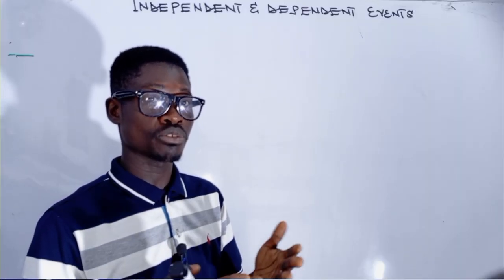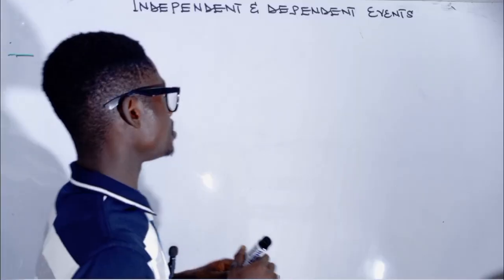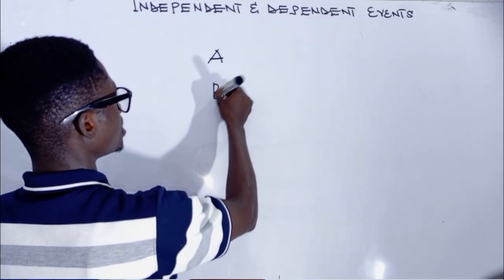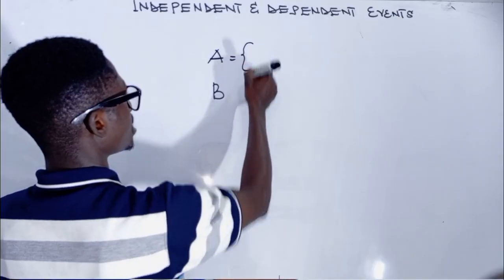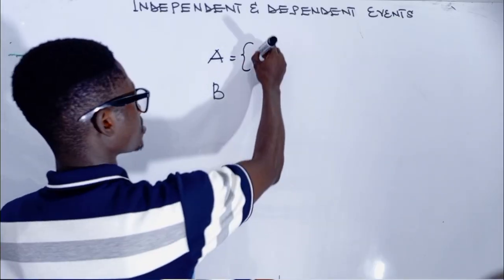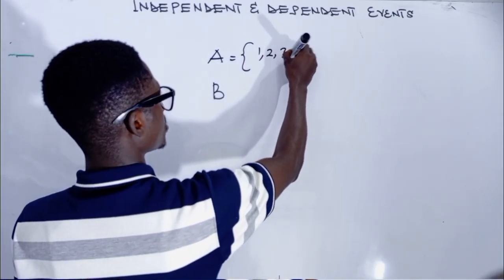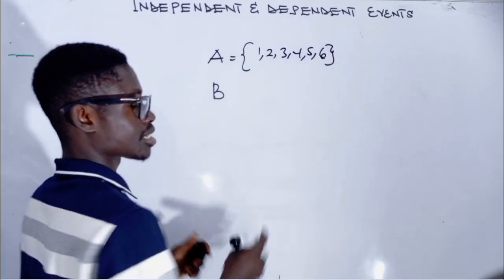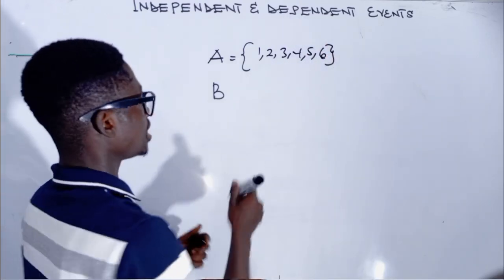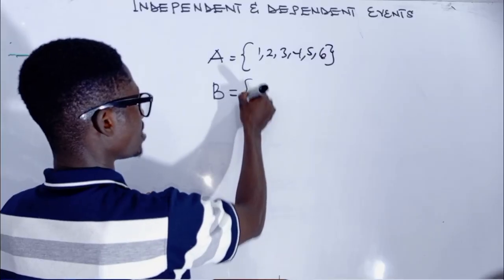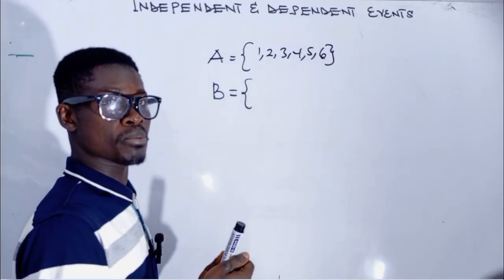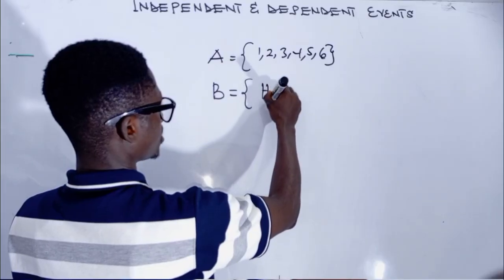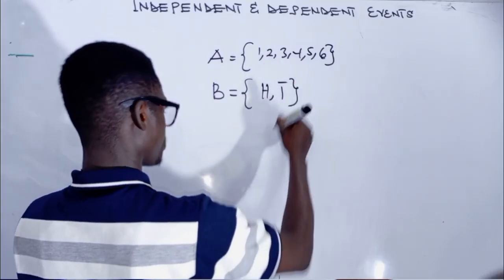So let's take it that we have two events, event A and then event B. Event A contains the outcomes 1, 2, that is the outcome from the toss of a die. And then let event B be the outcome from the toss of a coin. So we have head and then tail.